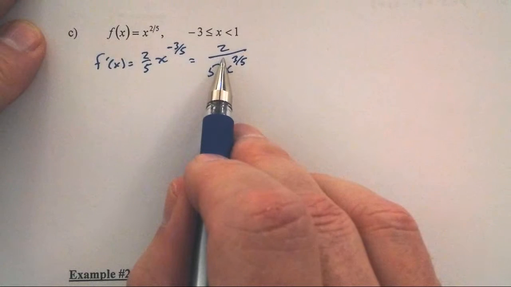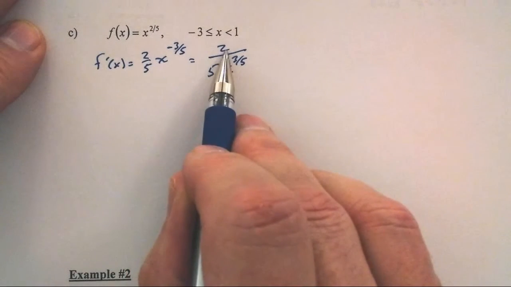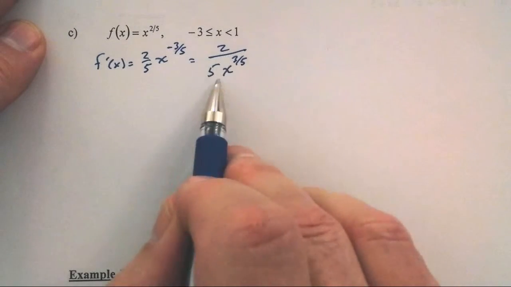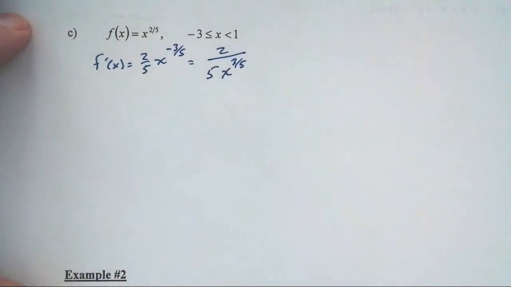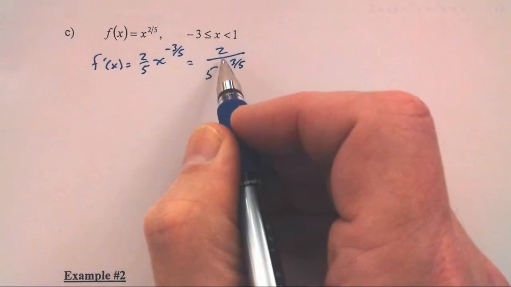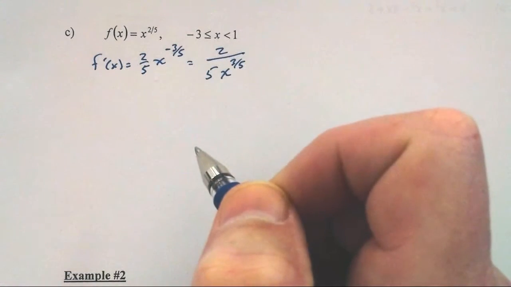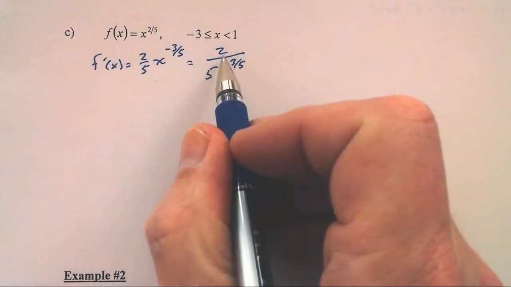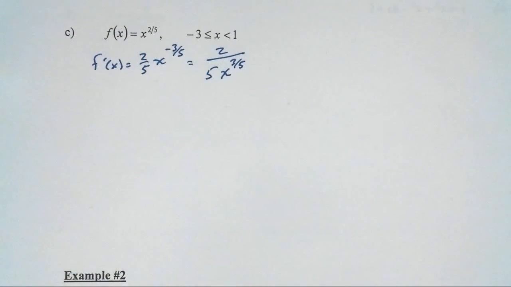A fraction is only equal to 0, so the graph only levels off, when the numerator is 0, provided the denominator is not 0 there, and that's never going to happen. Therefore, once again, we don't have a leveling off point here. We're not going to have a stationary point where f prime of some value is 0.